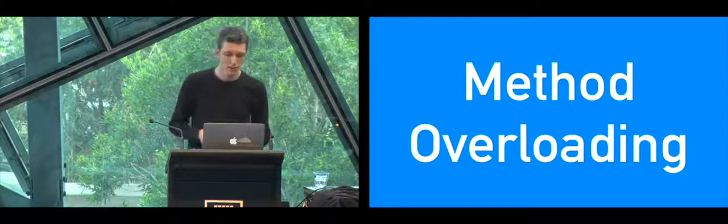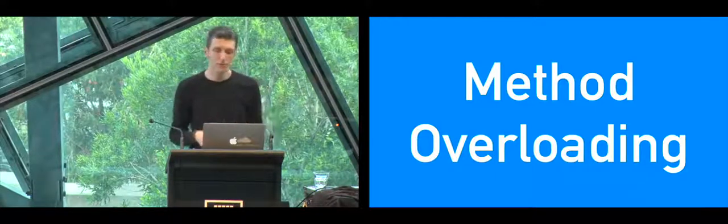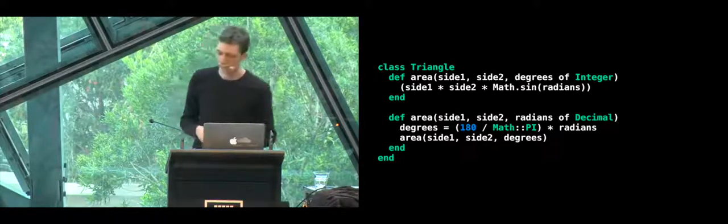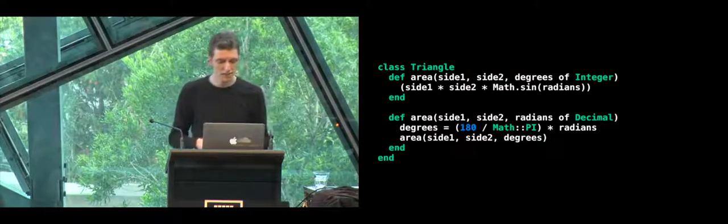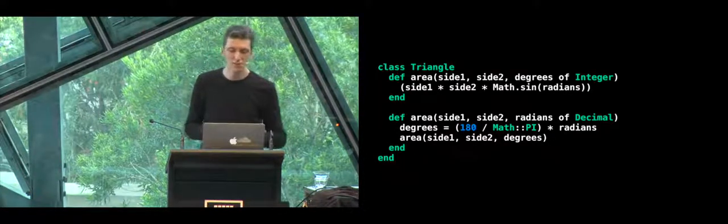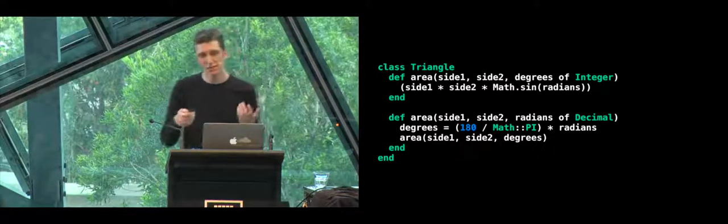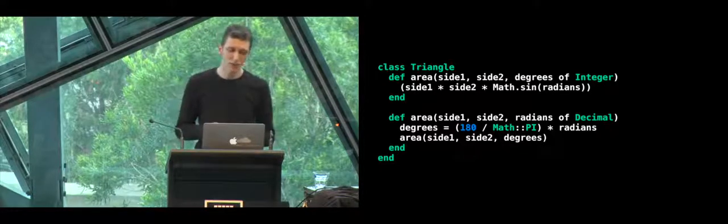Method overloading. I was trying to think of a better example. It's a bit of a contrived way to calculate the area of a triangle. There are definitely simpler ways to do it. But if you have two sides and the inner degree, you can calculate the area of a triangle this way.